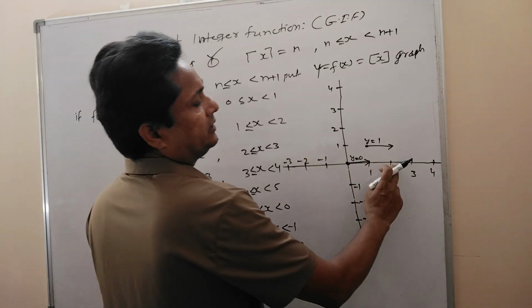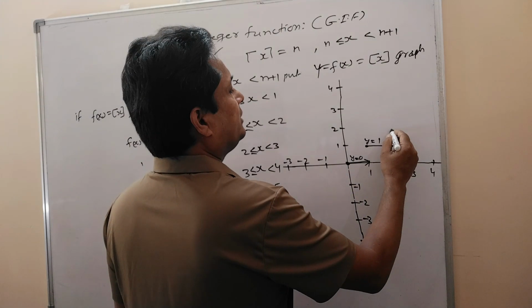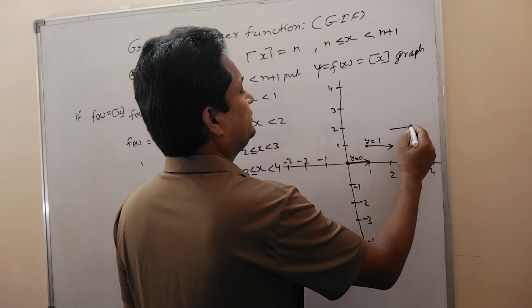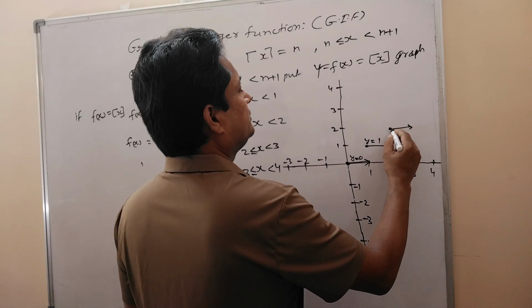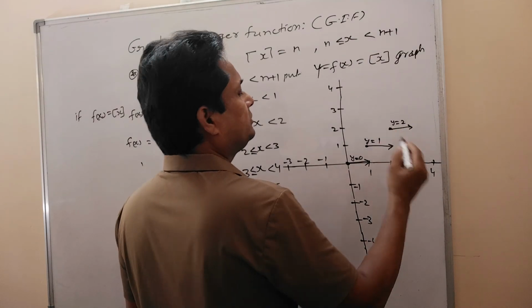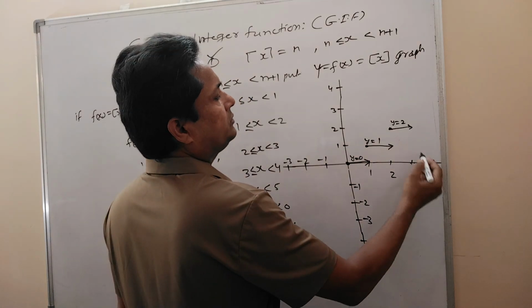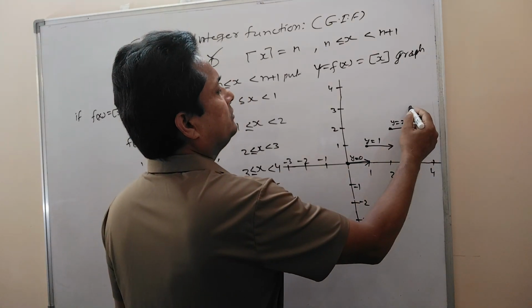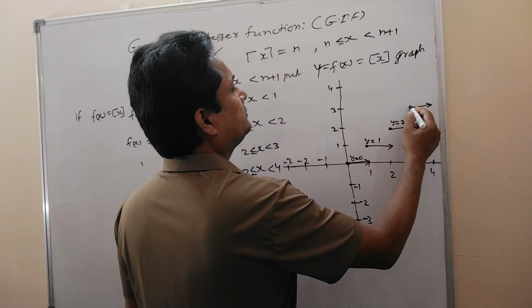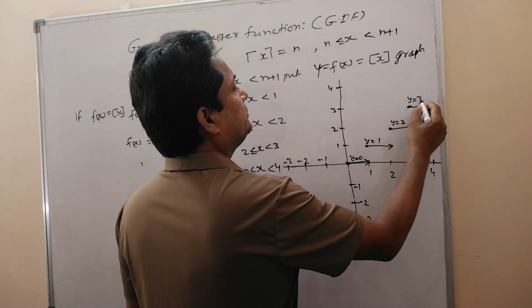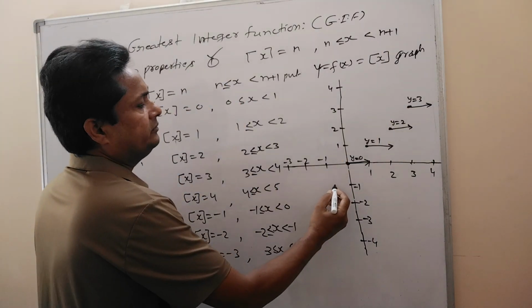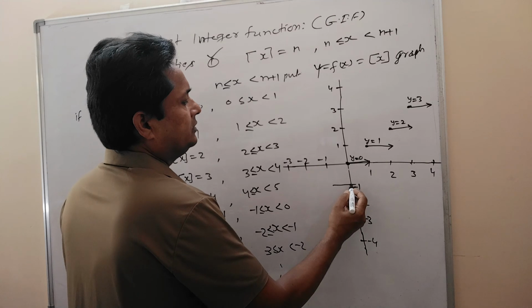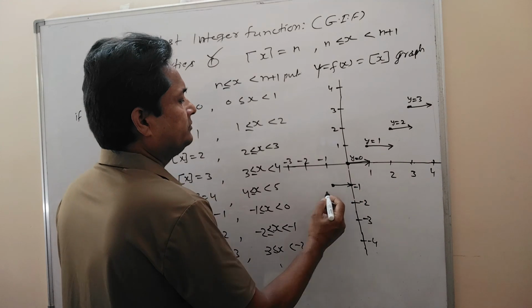In the similar way, between 2 to 3, its graph will always be this one. This is y is equal to 2, and between 2 to 3, its value will always be like this one. This is y is equal to 3. In between this side, its value will be like this one.